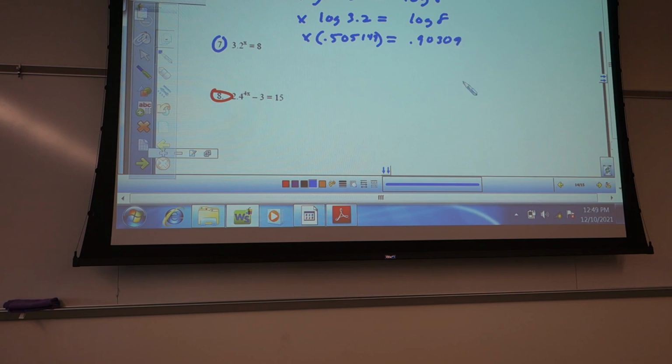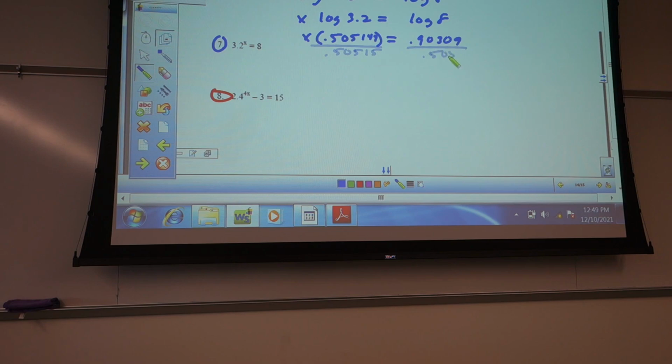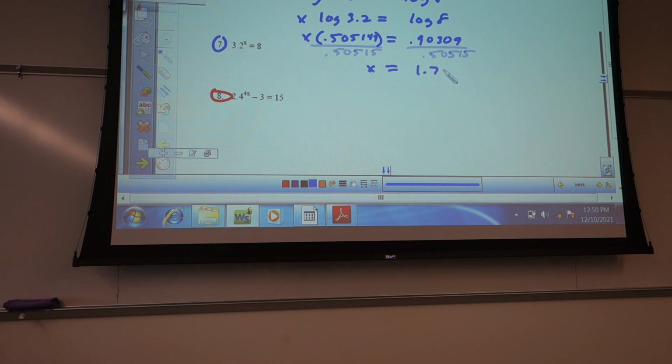Okay, yeah. So then I'm going to divide both sides by 0.50515. And you should have gotten x equals 1.788 if you round.